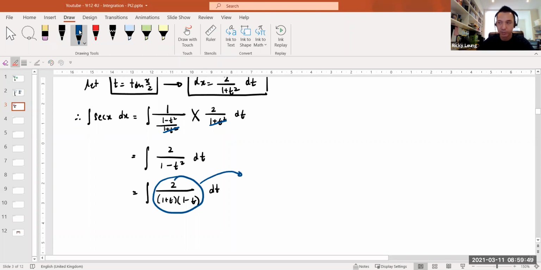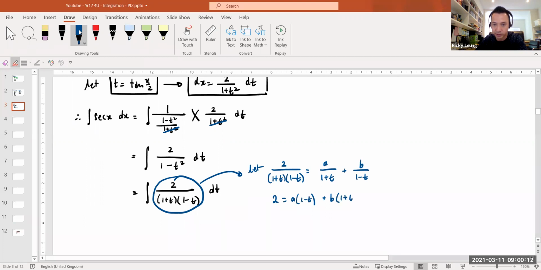Yeah. Now, let's quickly smash this to the side, where let 2 on 1 plus t, 1 minus t equal partial fractions a on 1 plus t, plus b on 1 minus t, right? If I common denominator that and get rid of the denominator to compare the numerator, I get a times 1 minus t plus b times 1 plus t. And then if I sub in when t equals 1 to eliminate this guy, I got 2 equals 2b, therefore b is 1.